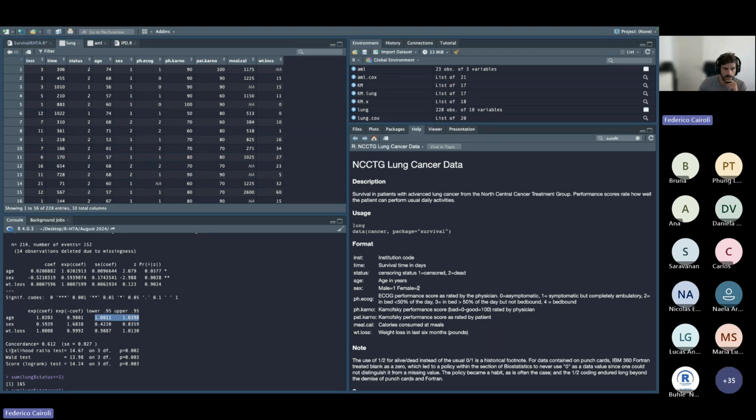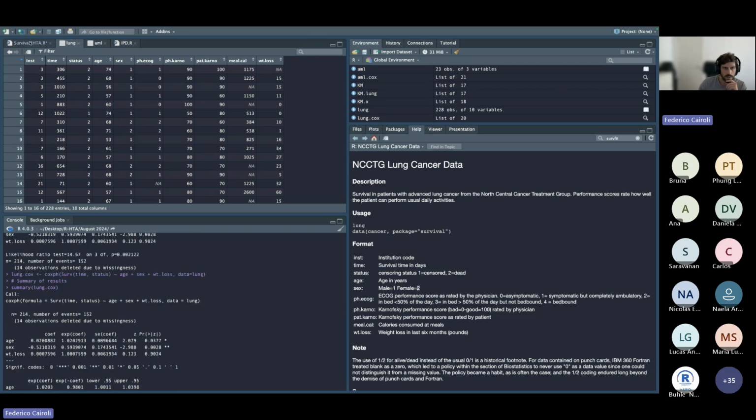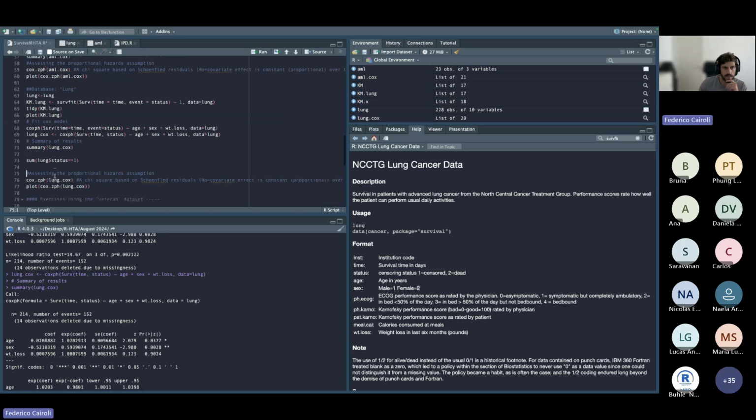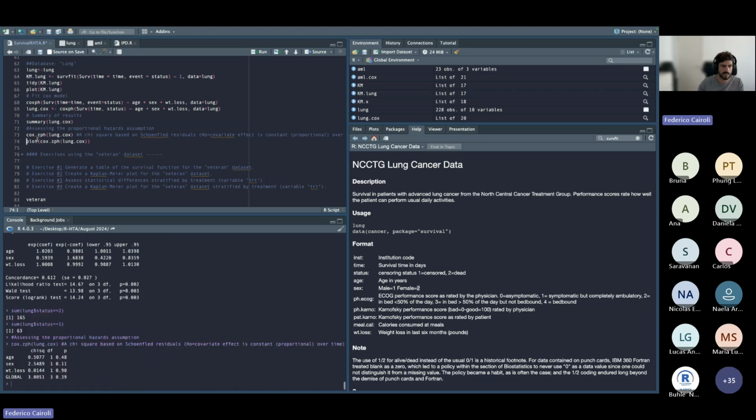In this case, you see that the p-values for these 3 tests are higher than 0.05. So basically, if we would like to check again with the statistical test, what about this specific proportional hazard assumption? We are going to find that none of these specific covariates has a p-value lower than 0.05.